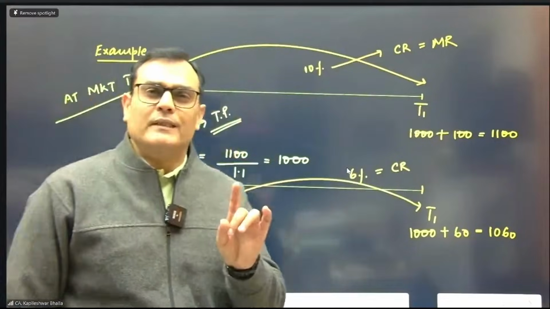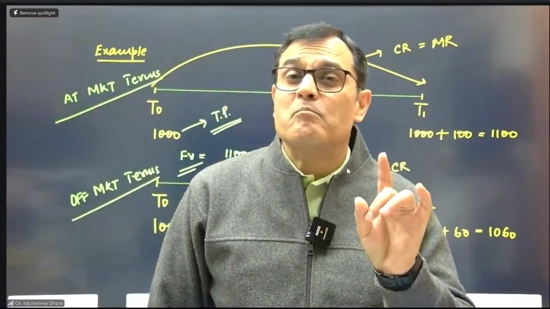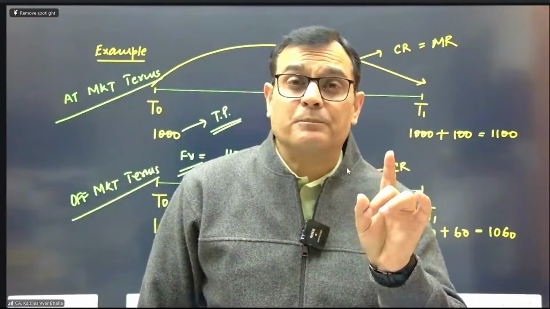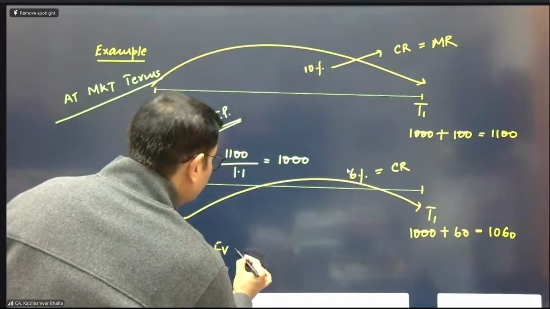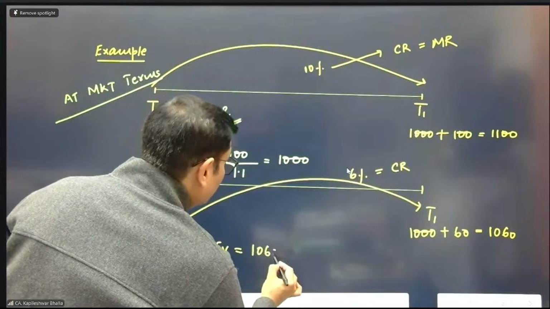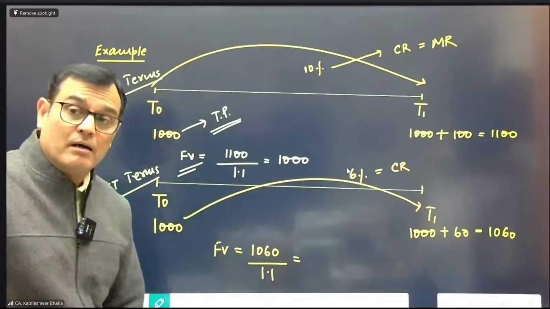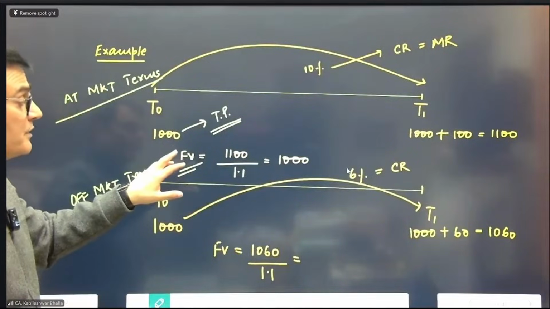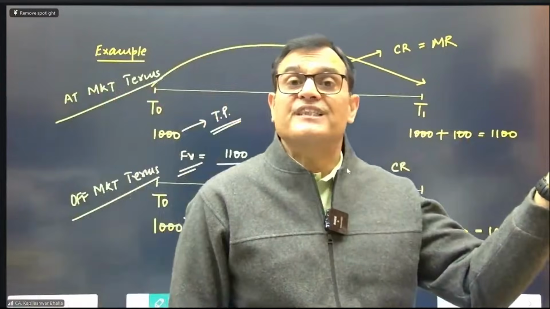But when you calculate the fair value, you will take the present value at the market rate. Remember, the fair value is supposed to be the present value of the future receipt.